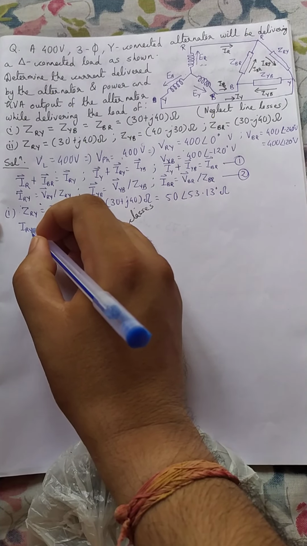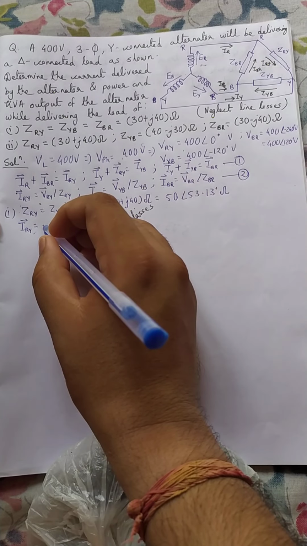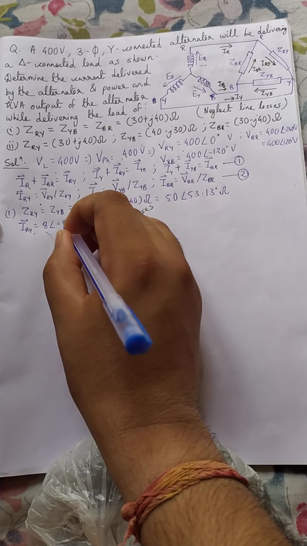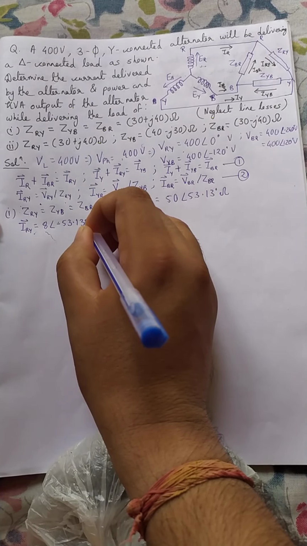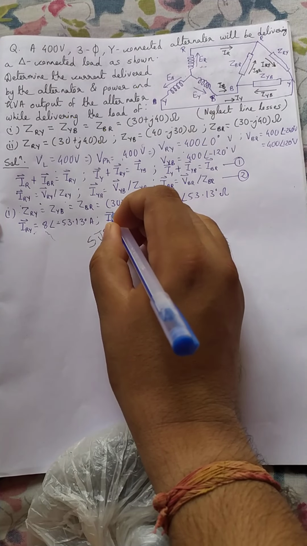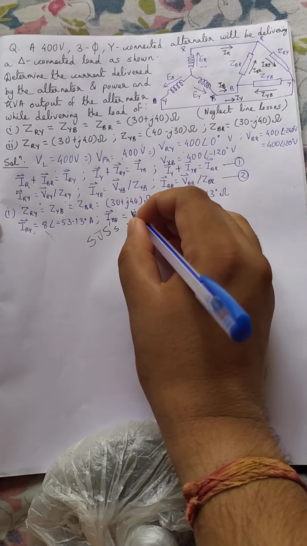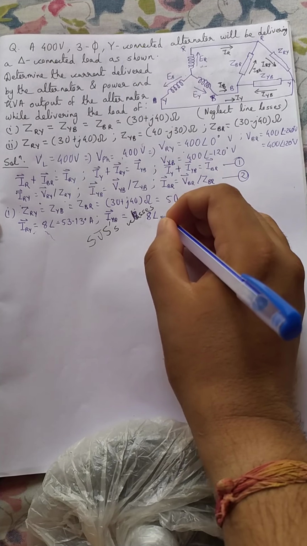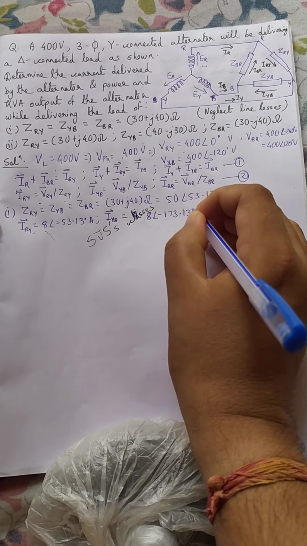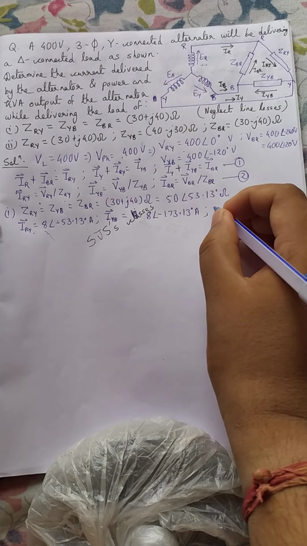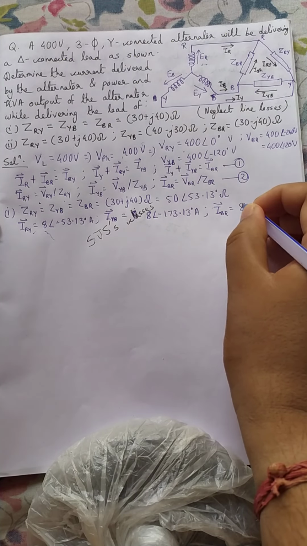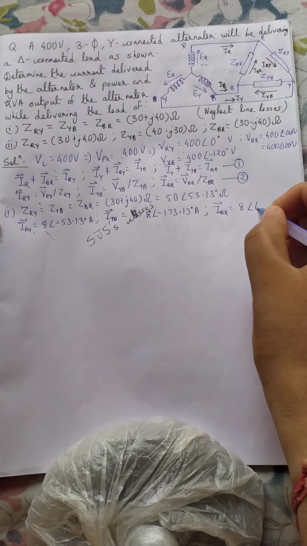We can find IRY will be equal to 8 angle minus 53.13 degree ampere. IYB will be equal to 8 angle minus 173.13 degree ampere, and IBR will be 8 angle 66.87 degree ampere.